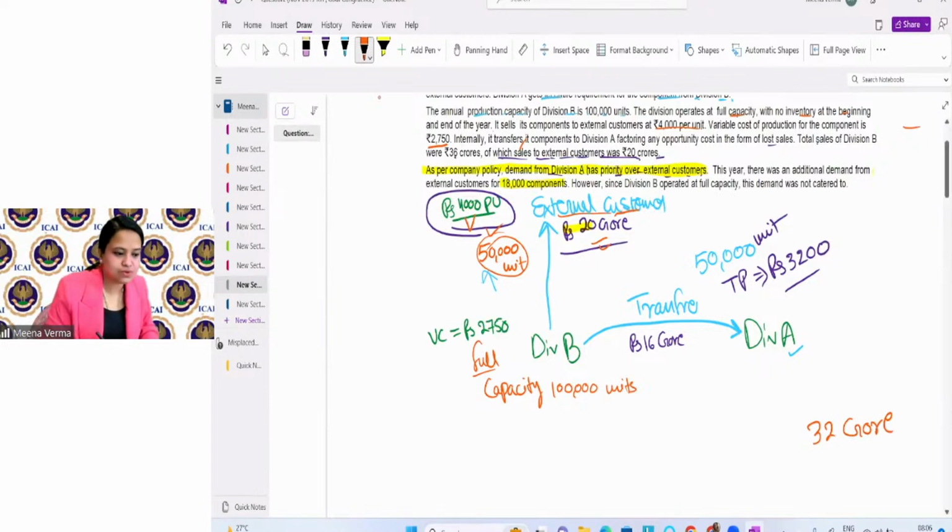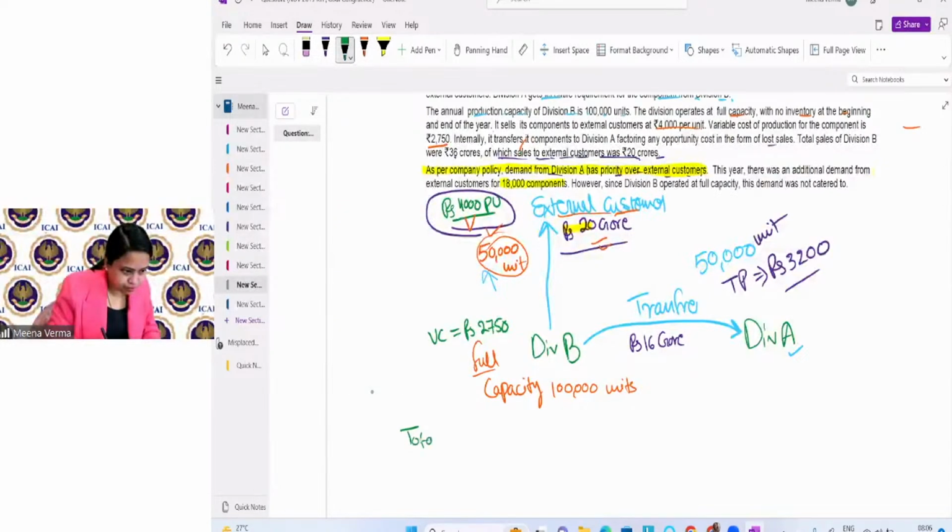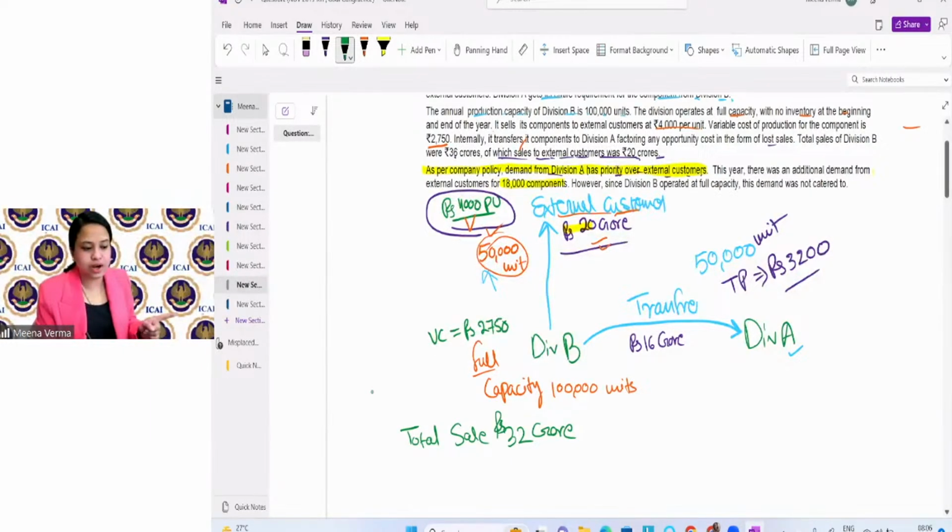This is the total sale, which is a sale of 1 lakh units. Out of this, your external sale is rupees 20 crore.